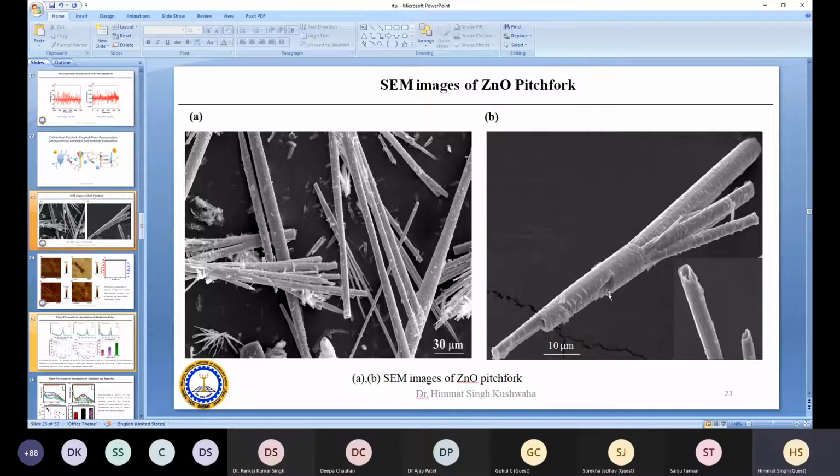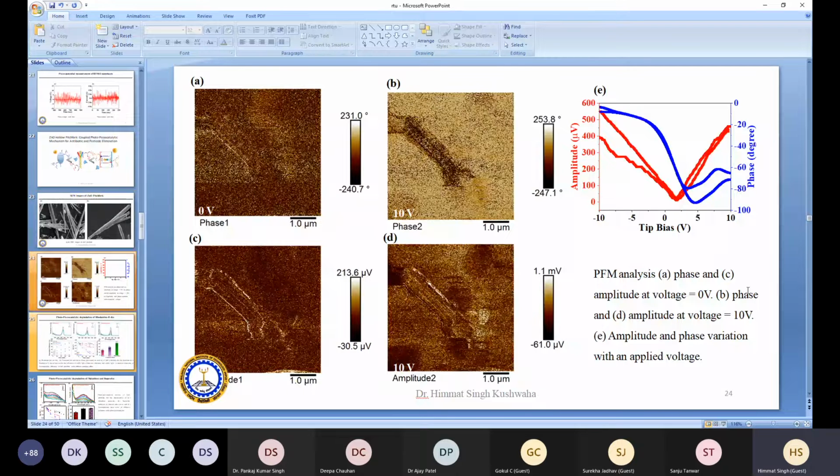You can see in these SEM micrographs that these ZnO structures have hollow structures, which result in high absorption of the pollutant, and they have this pitchfork-like structure which has the piezoelectric properties. These piezoelectric properties are investigated mainly by piezo force microscopy analysis. You can see when we apply the force over the surface, significant potential is generated by these ZnO nanostructures.